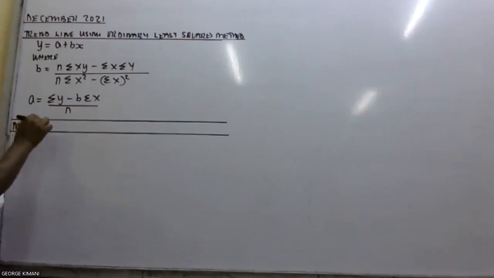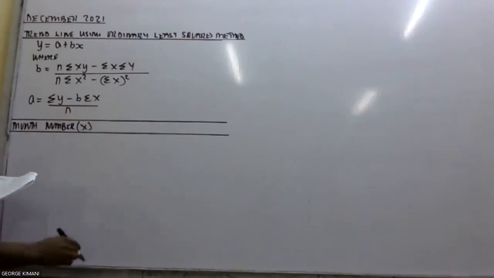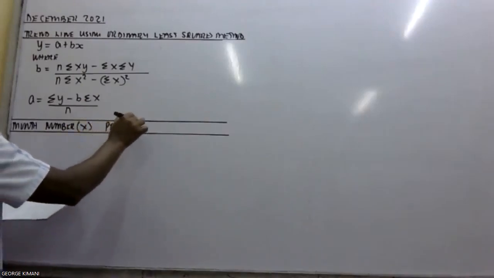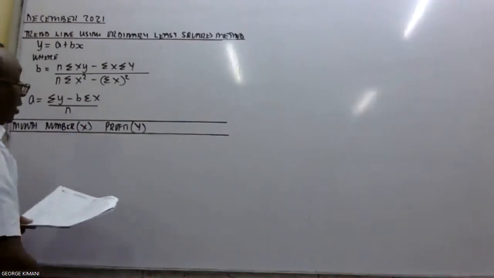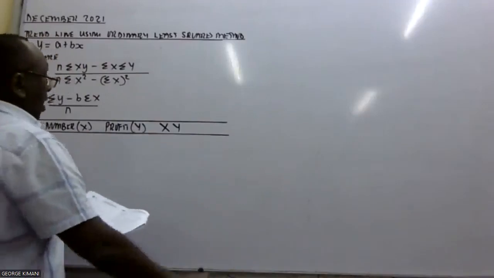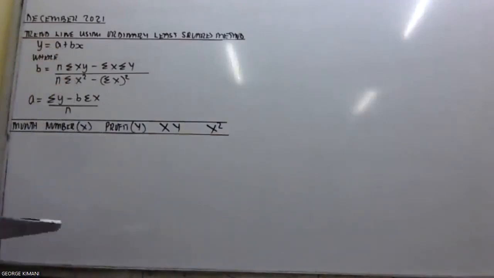This month, we have the number. That number will become our X. We have the profit. That profit will become our Y. Then we require a place where X is multiplied by Y. And we require a place where X is squared.